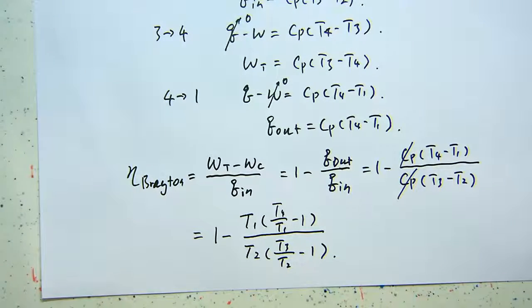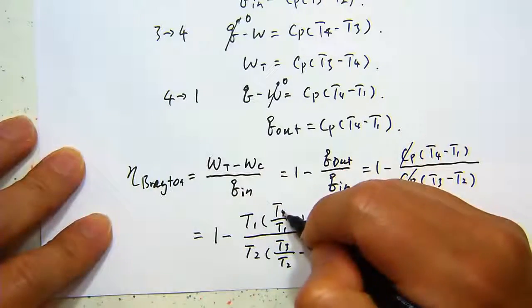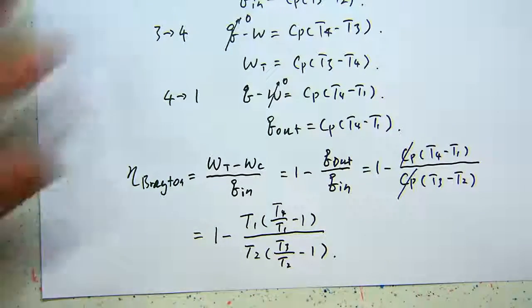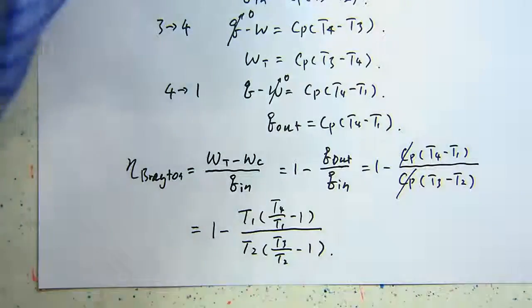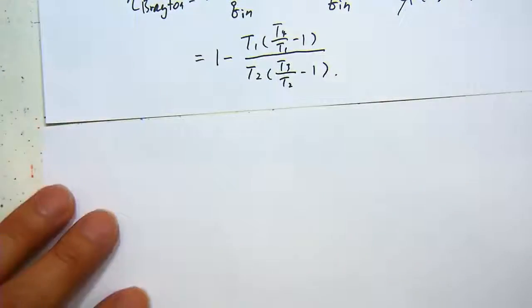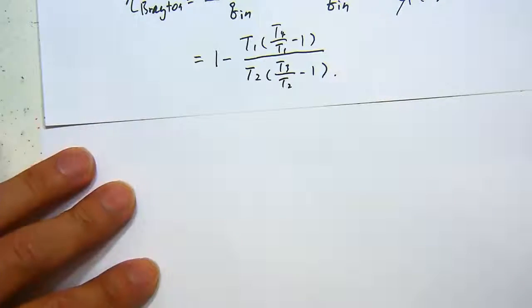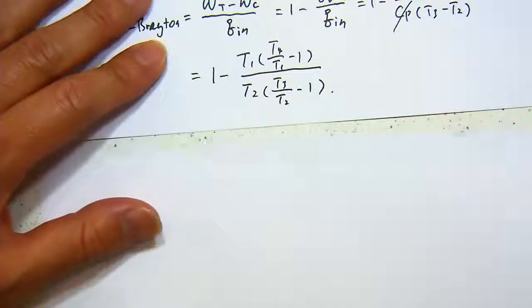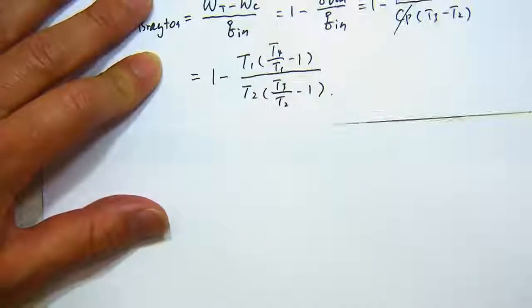So this is no problem, right? I just have the T1 as a common factor out of the parentheses. Then the next step is we find some relation which can simplify the equation here.